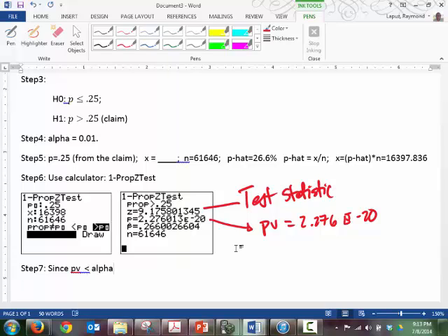Alpha is 0.01, but this is less than 0.01. So since the p-value is less than alpha, what do we do? We reject the null hypothesis.